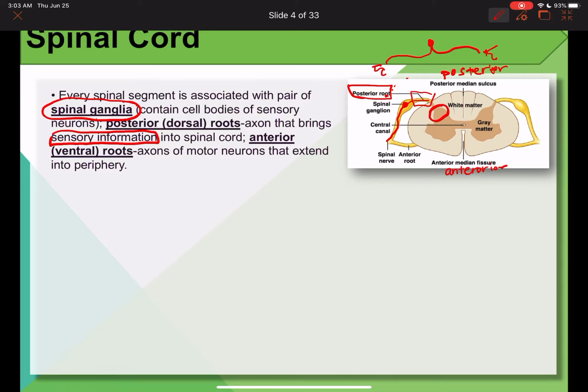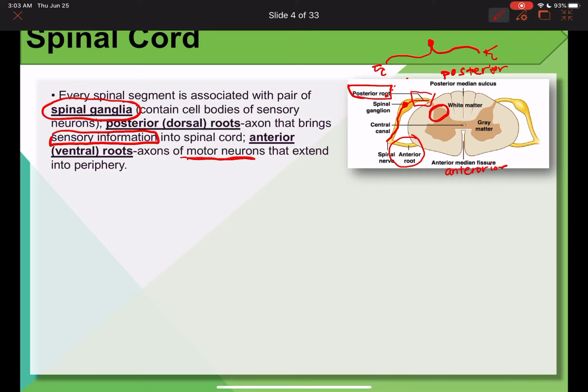We'll get to that in a bit. And then the anterior or ventral root, this portion is the ventral root, is what carries the axons of motor neurons that extend into the peripheral nervous system to give commands to effector tissue.